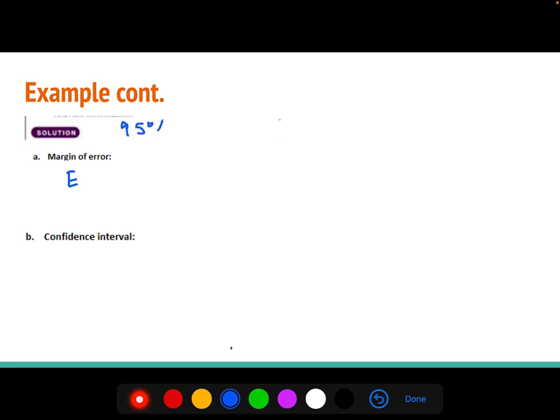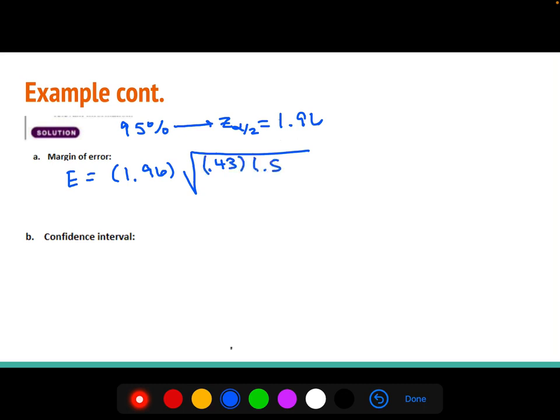Since this is a 95% confidence interval, that means Z alpha over 2, we memorized this now, is 1.96, times the square root of P hat, the probability of a success, which was 43%, times Q hat, which is 0.57, because 1 minus P is Q, over N, the sample size, which was 1487.